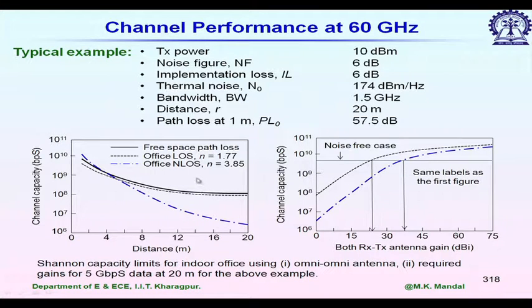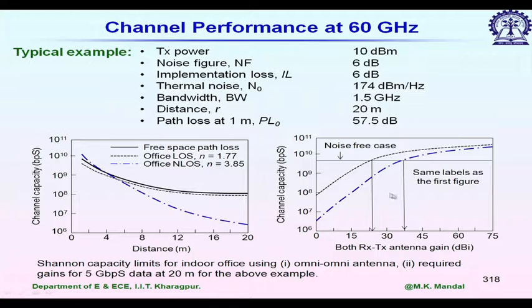For line of sight indoor communication, n equal to 1.77, it more or less follows the curve for n equal to 2. But for non line of sight communication, when n equal to 3.85, if I follow this blue line, it decreases to somewhere between 10 to the power 6 and 7 at 20 meter. So you see the effect of noise and distance.